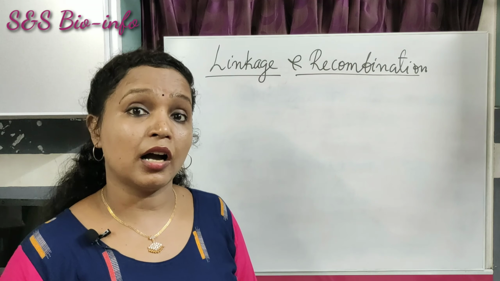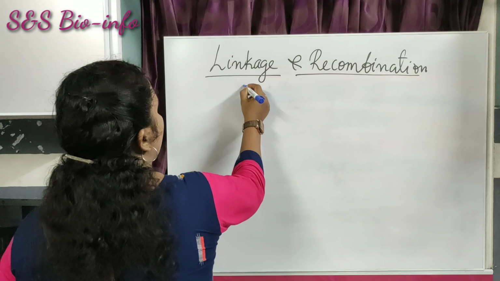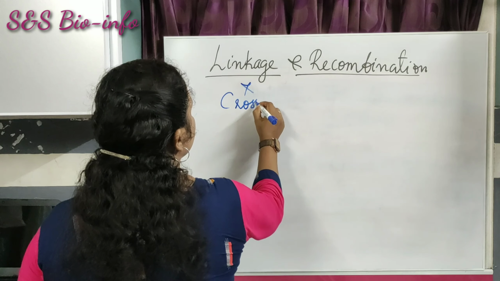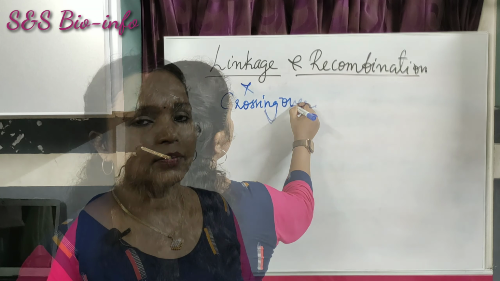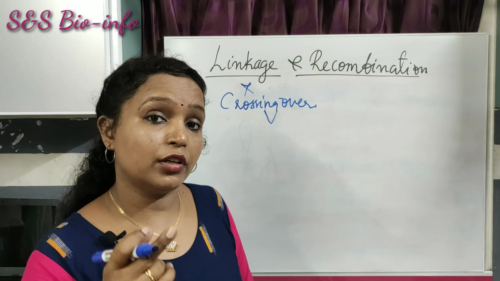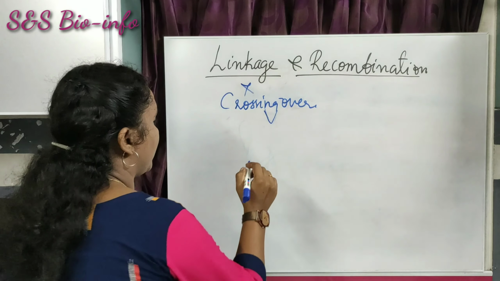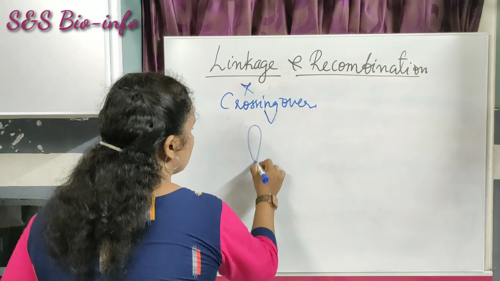Next, let's understand how linkage and crossing over are associated. Crossing over is the exchange of genetic material between the non-sister chromatids of homologous chromosomes. Let's consider one pair of homologous chromosomes.